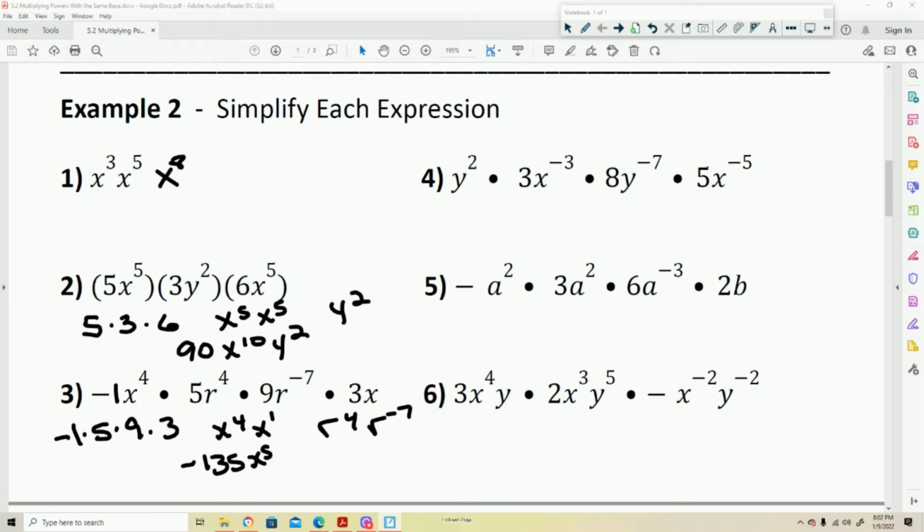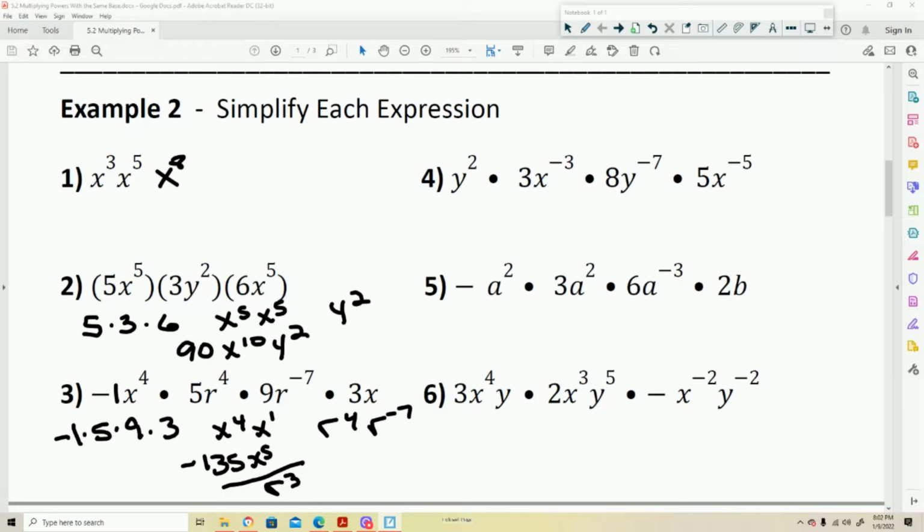Because it's a negative, we're going to put it on the bottom. And we will make it r^3 on the bottom. That's a terrible r, but that's what it is. So I get negative 135 x^5 over r^3. Okay, over r^3. Notice this negative makes the coefficient or the number, the expression negative. This negative simply means to put the r on the bottom.